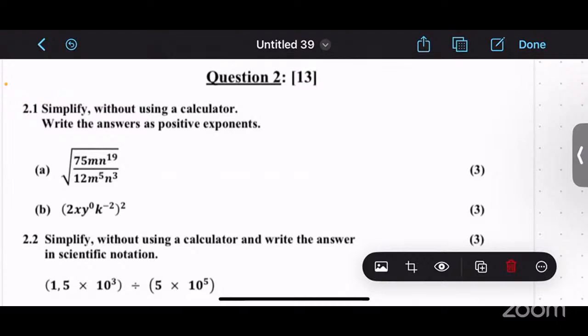Ma'am, what I would do first is divide my exponents by 2. Can you give me time to figure this one out? Then I'll come back to you.